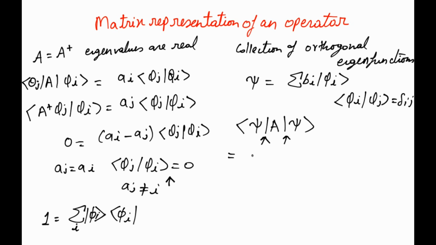And if you do that, it's going to look like a sum over i as well as j, because here the unity operator will be summed over i, here the unity operator will be summed over j, and that gives us psi phi j, phi j A phi i, and on the other side it's phi i.